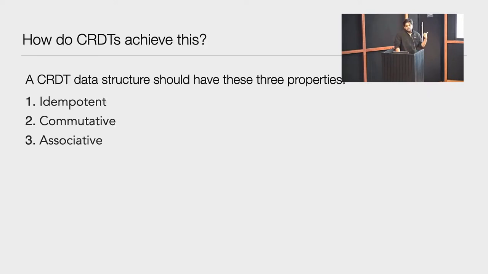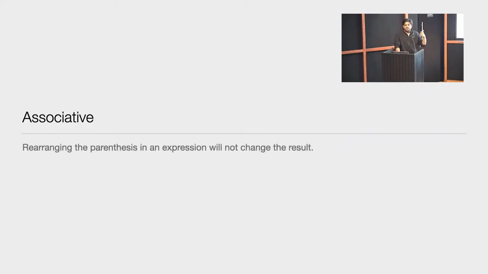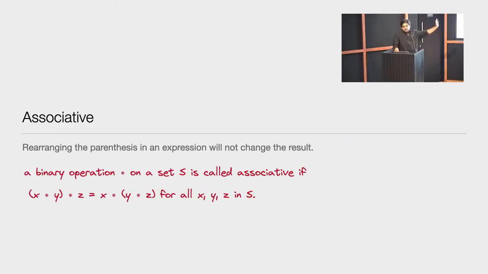The third is associative, which means that changing the order of parentheses in the operation does not matter. If you have an operation on a set S, and you change the order of the parentheses, the output is still the same. What commutative and associative mean in our case is that we don't have to worry about ordering, because ordering in networking is a huge pain.